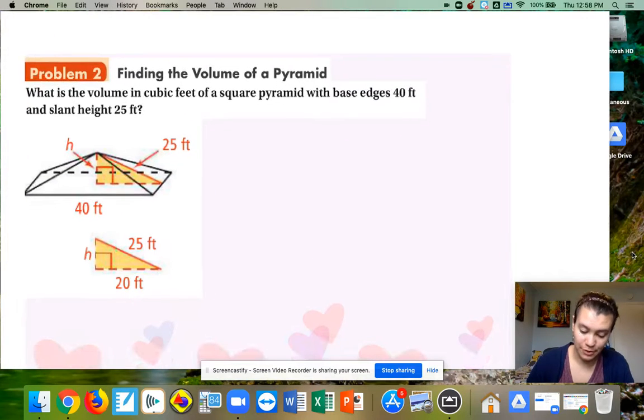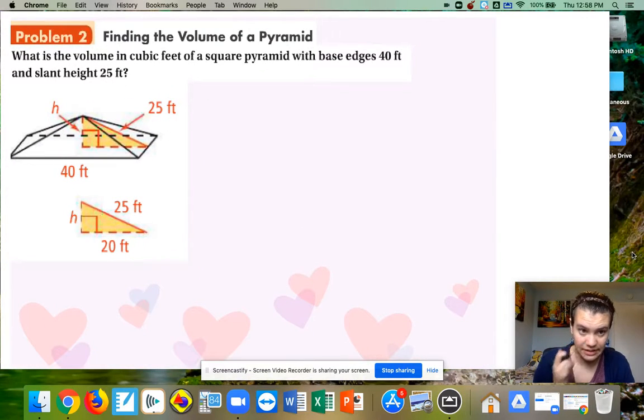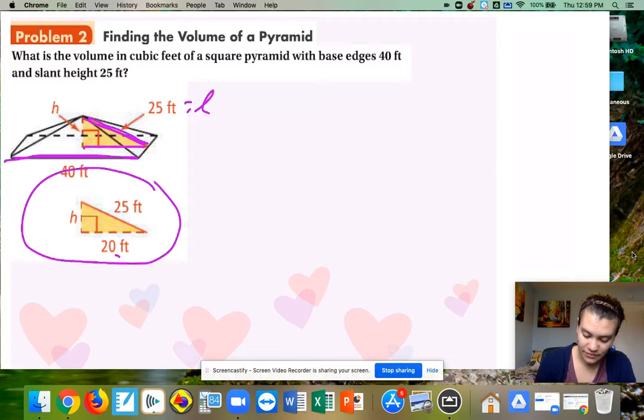All right, so here's another pyramid. This one's a little bit different because it gives you the slant height. So it gives you the L, what we've been using before for surface area. So we have to find the actual height. Here it says the side of the square pyramid is 40, which means this chunk right here has to be 20. So we're going to use this triangle, use the a, b, and c.